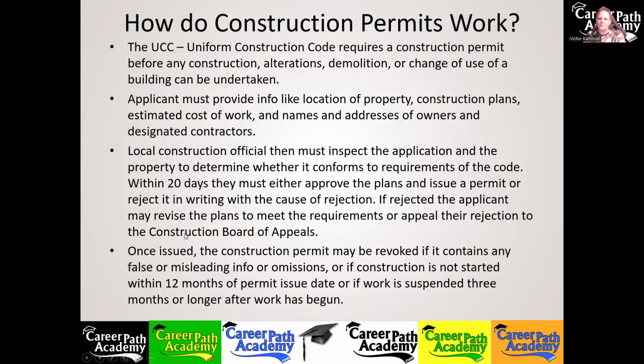If rejected, the applicant may revise the plans to meet the requirements or appeal the rejection to the Construction Board of Appeals. Now, once issued, the construction permit may be revoked if it contains any false or misleading information or omissions, or if the construction is not started within 12 months of the issuing of the permit, or if it's suspended for 3 months or longer after the work has begun.